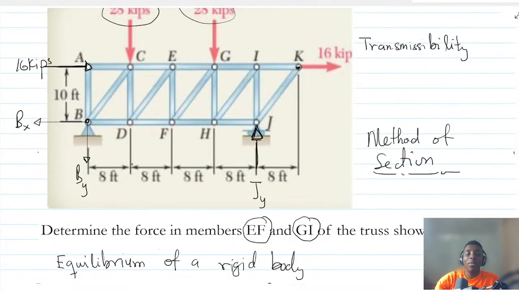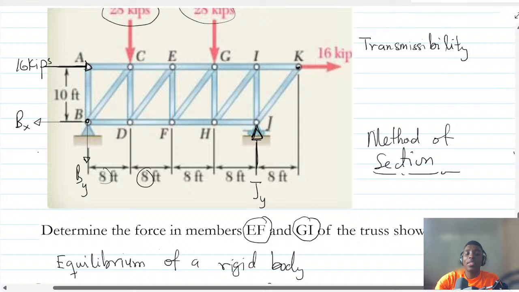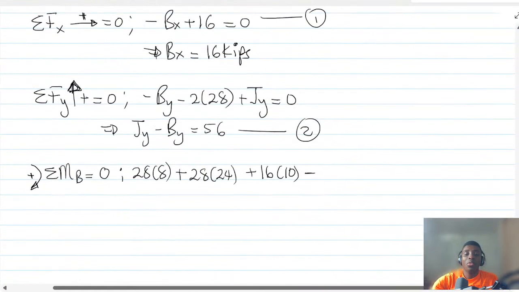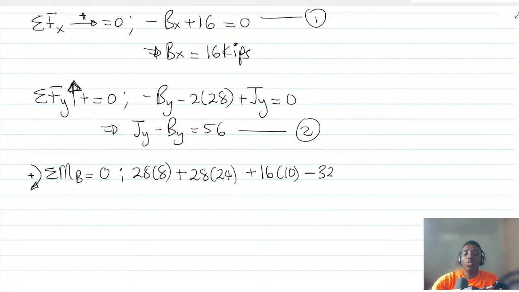But then the moment arm is what? 8 plus 8 plus 8 plus 8, that is 8 times 4, which is 32. So it's going to be 32 JY. That's it.